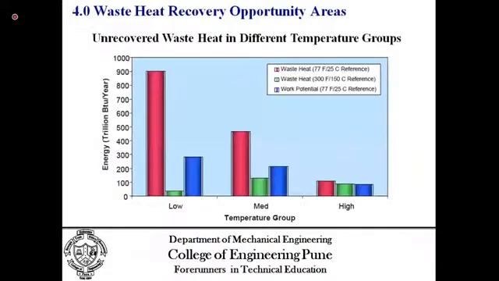This chart talks about what heat is available. When we say the Carnot efficiency, the lowest possible temperature at which the heat can be released is somewhat the atmospheric temperature. In this analysis, this reference temperature is taken as 25 degrees Celsius.